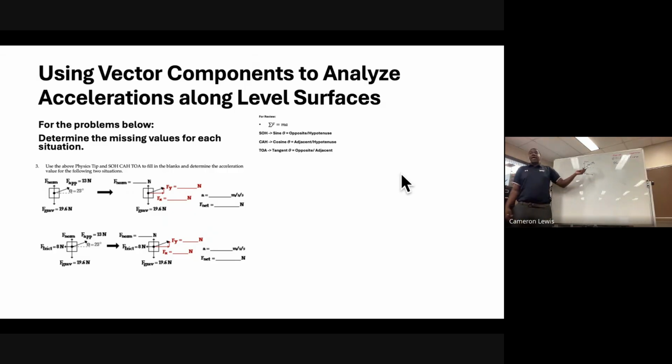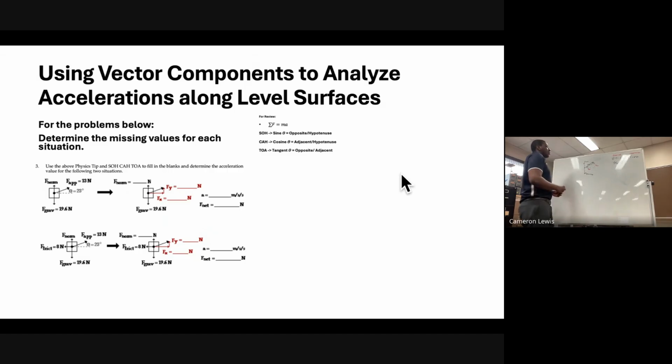Now, in my X, are the forces balanced or unbalanced? Let's think about it, right? Before I even get there, let me break this up. You have F applied X and F applied Y, right?